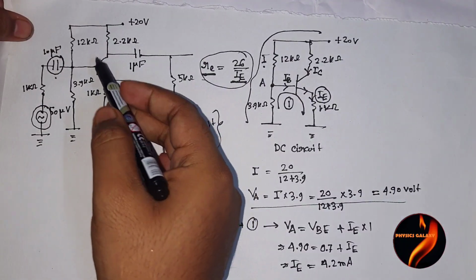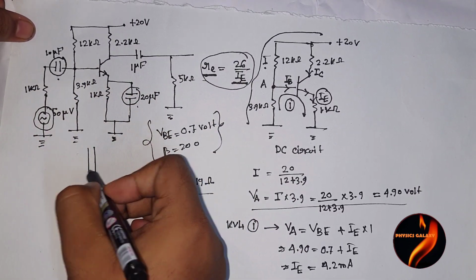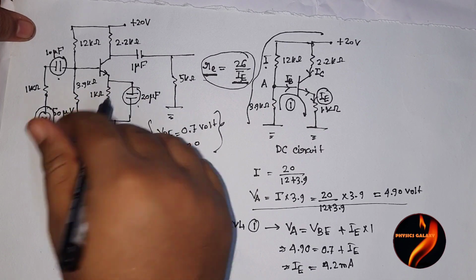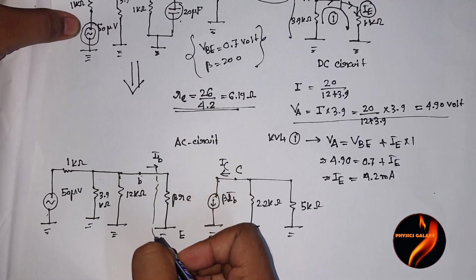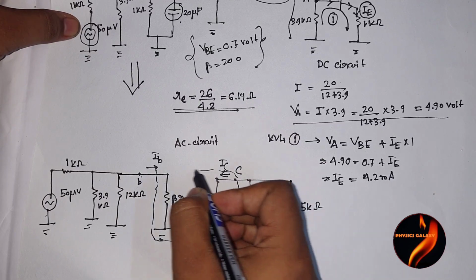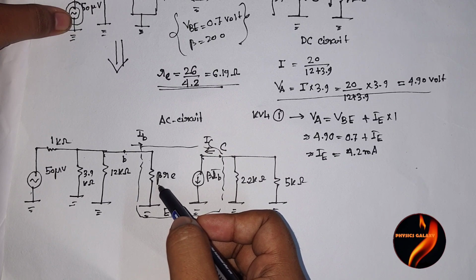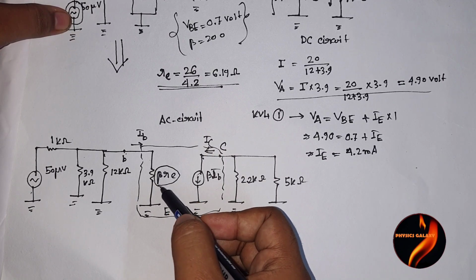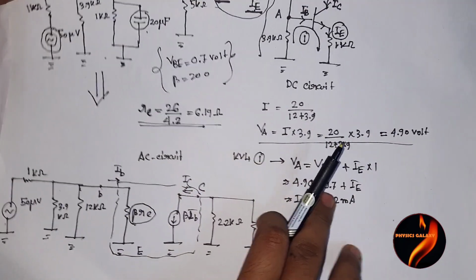To find the voltage gain of the circuit, we have to draw the equivalent AC circuit. This is due to the transistor part. We know that the input impedance looking into the transistor will be beta RE. So we have replaced the given circuit by its AC equivalent circuit.